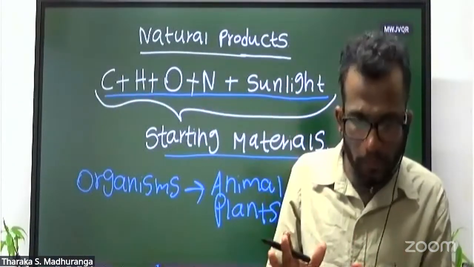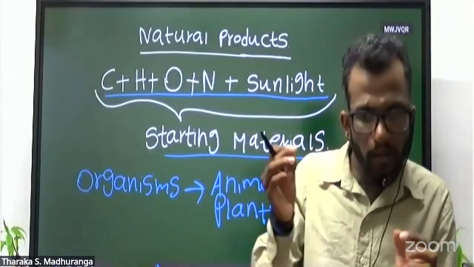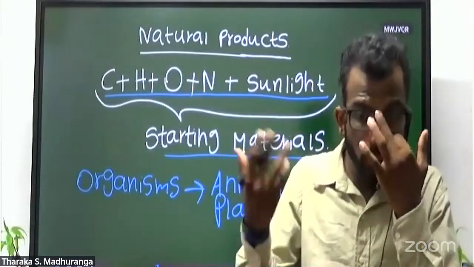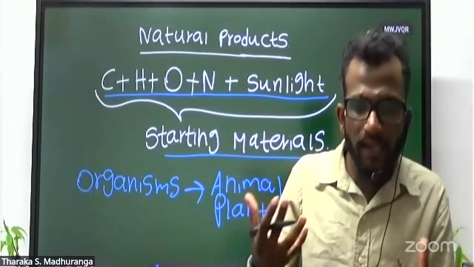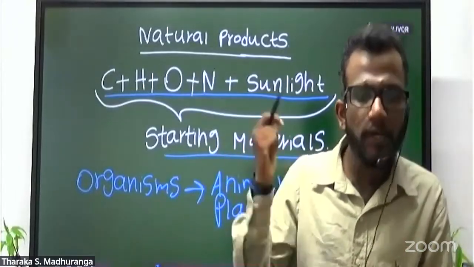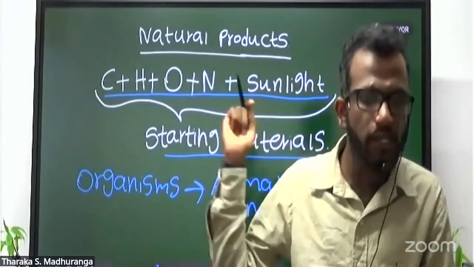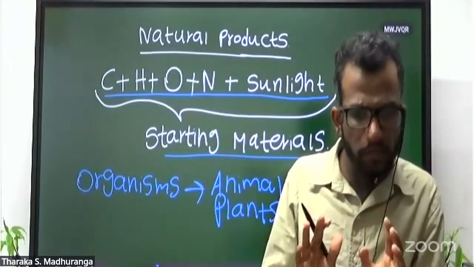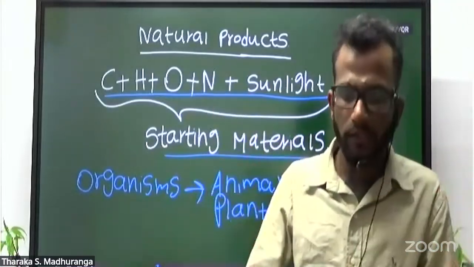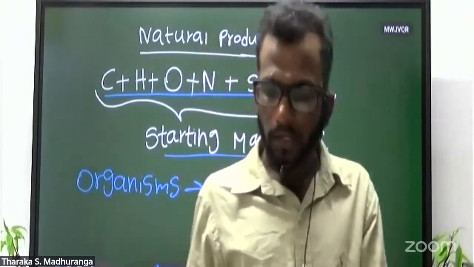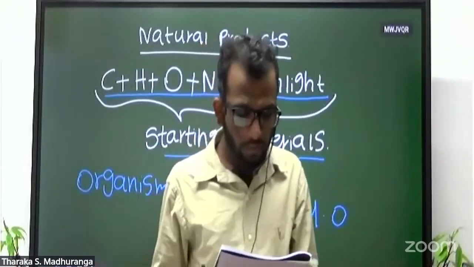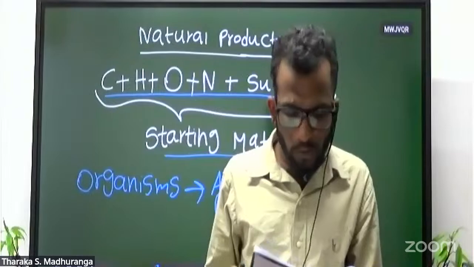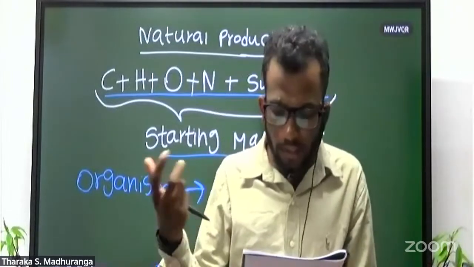The natural products mean any compound produced in an organism using carbon, hydrogen, oxygen, nitrogen, and sunlight as starting materials. In your answer, these keywords are compulsory. Go to the tute. On the first page of the tute, I have given different compounds produced by plants and other organisms.